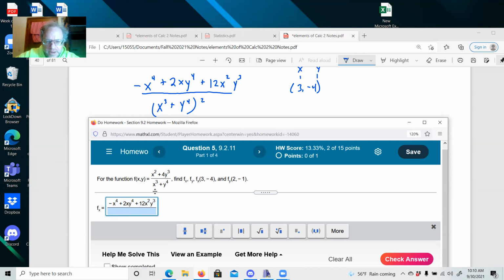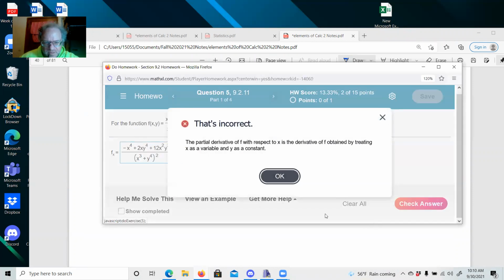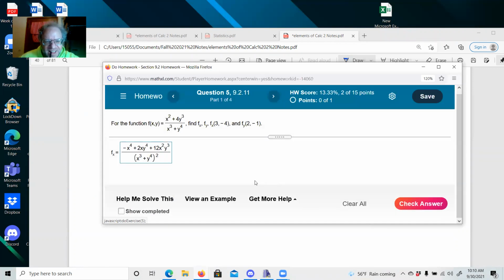All right, and now on the bottom we have parentheses x cubed plus y to the 4th, and then squared. If they don't let me do this, I'm going to be a little upset with them. All right, let's see if they allow me to do this answer here. Partial derivative. Beautiful. There's a lot of moving parts here.